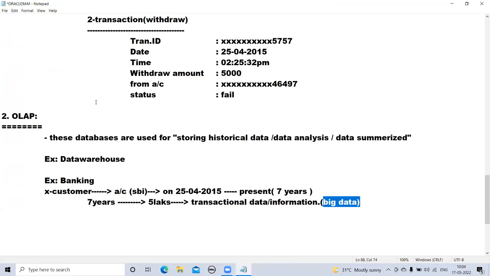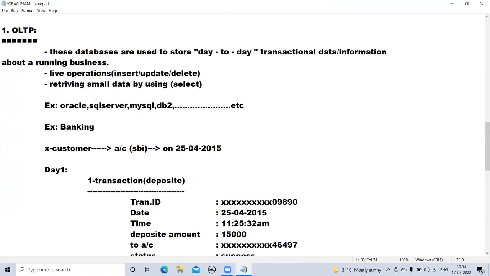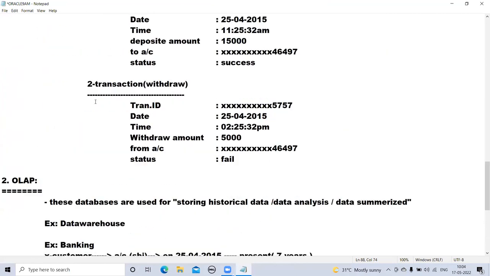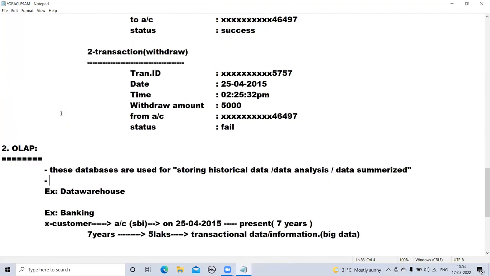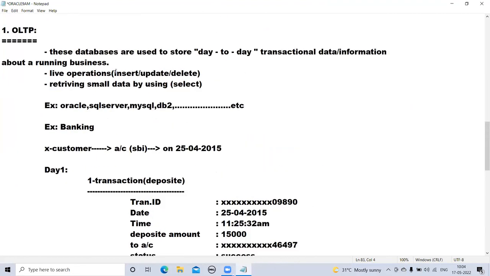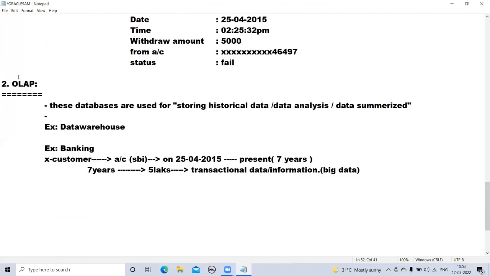Do you understand the differences now? For what purpose are we using TP, and for what purpose are we using AP? Now the very most important point: in OLAP, we can't perform live transactions. That means insert, update, delete operations I cannot perform on OLAP.